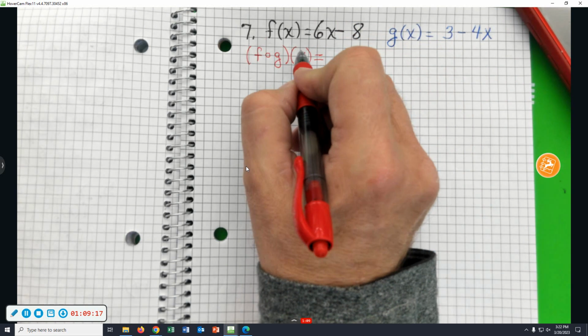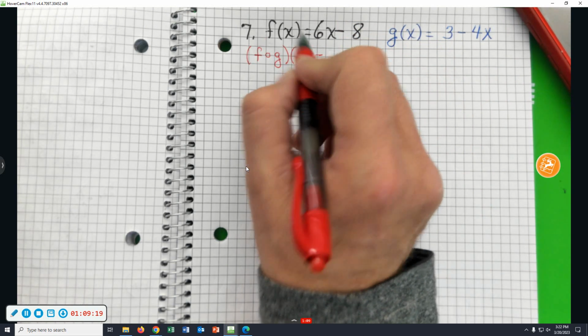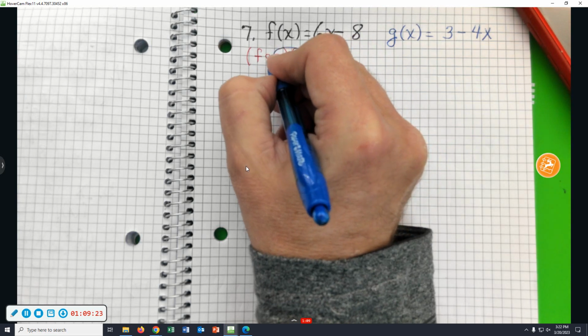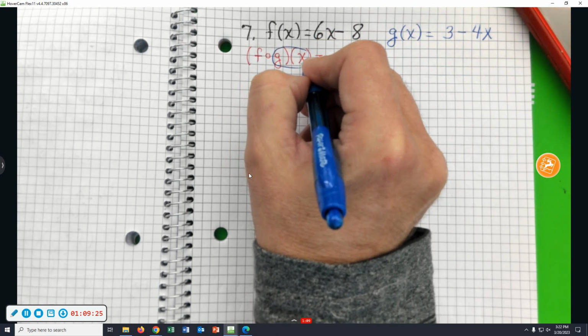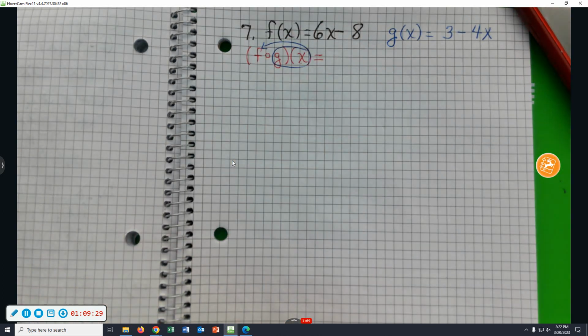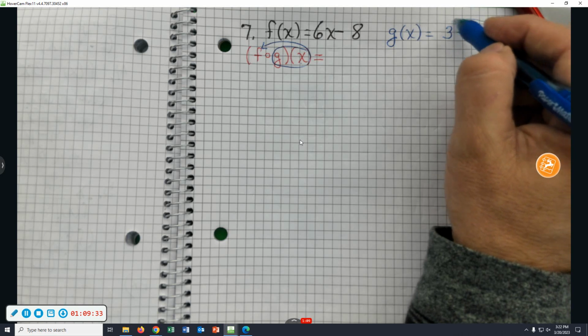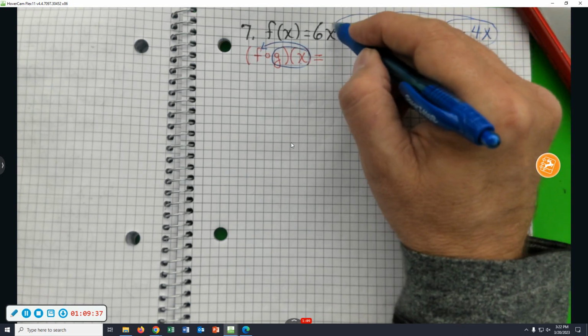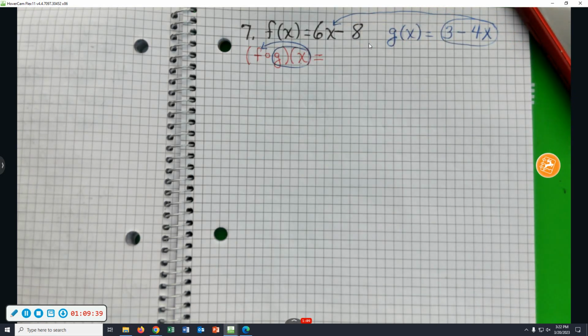So, to get started, you're going to take g of x and plug it into f of x. Watch those arrows that I did. Plug g of x into f of x. If there were more than one x here, you'd plug it in each time.